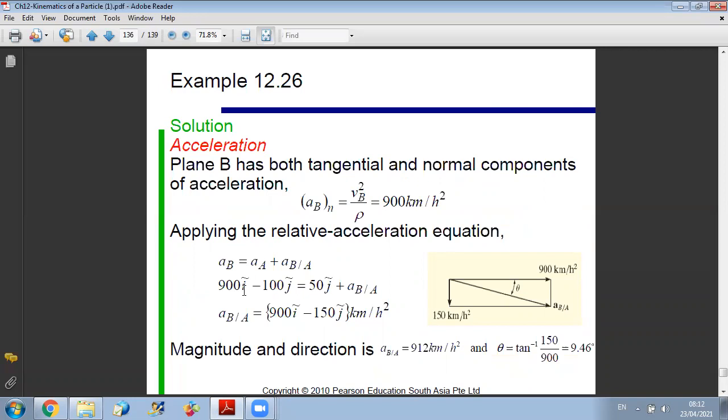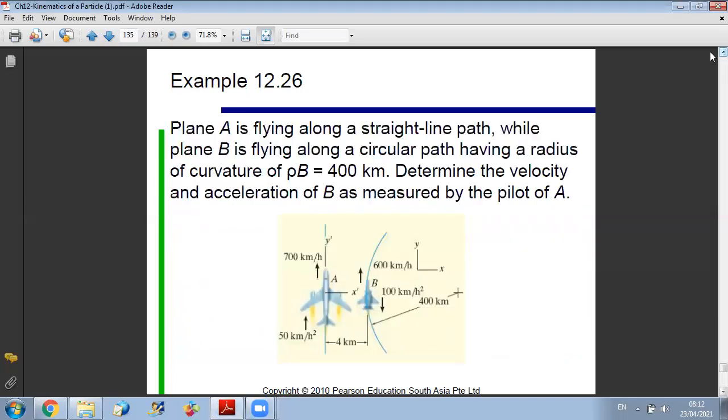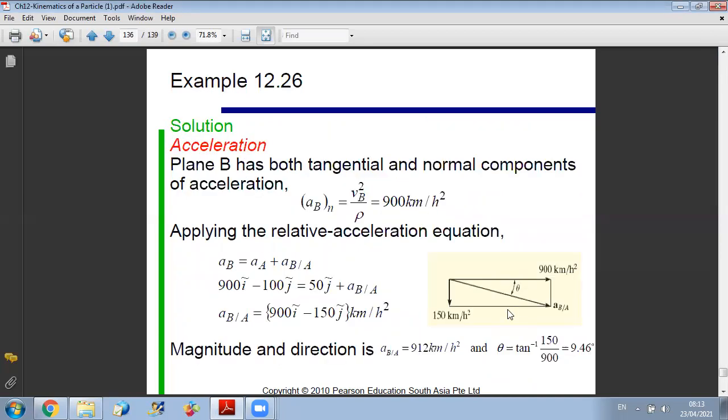Okay, so here it's, just let me make sure of AB tangential here comes the figure. So for AB tangential, it's minus 100J. Okay. So now, if I replace in my equation, this is AB tangential minus 100J.